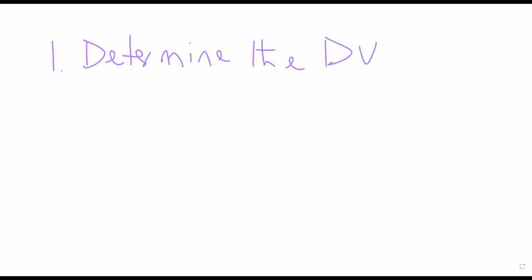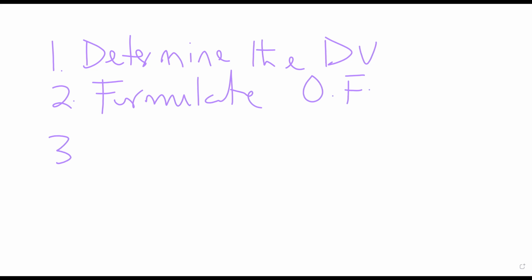First thing you want to do is to determine the decision variable, or you write the decision variable. The second thing you want to do is to formulate the objective function. And then you will formulate the constraints.